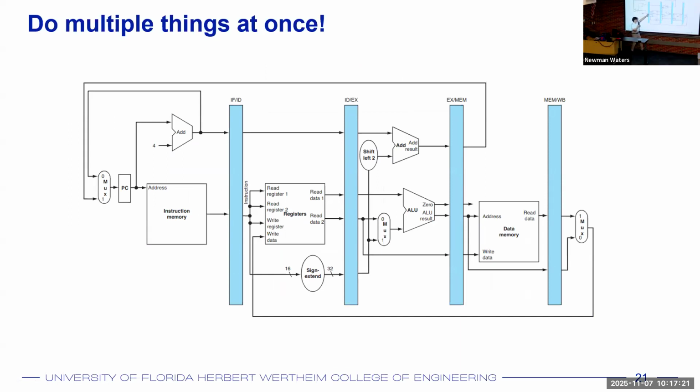The next cycle, it'll move to the next register, and then the next instruction is loaded at the same time, so that the fetching happens at the same time as the decoding step, et cetera. So that sounds good, right? We can do multiple things at once, but there are some dangers to doing this, because certain instructions require the same pieces of hardware to run at the same time.